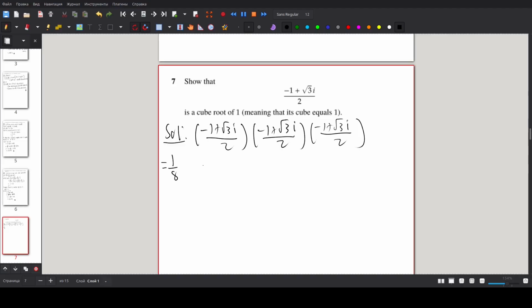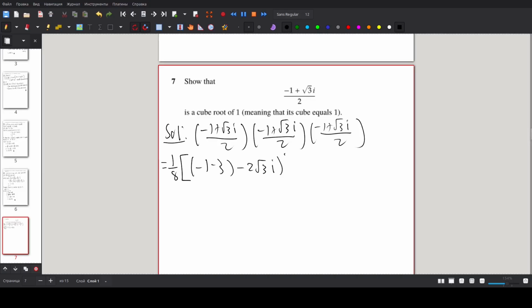And then we've got to do the top 3 times, which, if we do that, well, let's do these two first. Negative 1 minus 3 plus, we're going to get 2 negative square root of 3i's, so minus 2 square root of 3i.